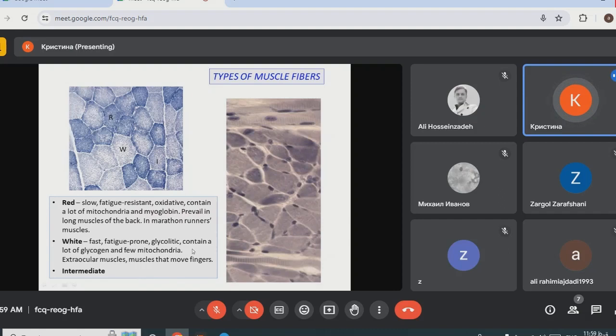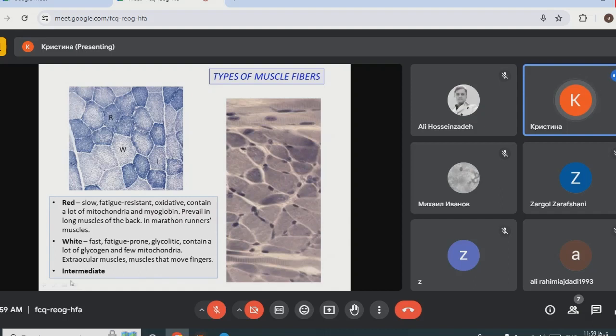They contain a lot of glycogen and few mitochondria, and they prevail in some muscles that should contract very fast to ensure very thin and precise movements, such as muscles that move our fingers, and also extraocular muscles that allow our eyeballs to move when we look at some paintings, for example, and when we read. These muscle fibers are here, white.